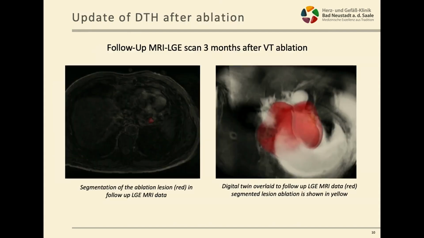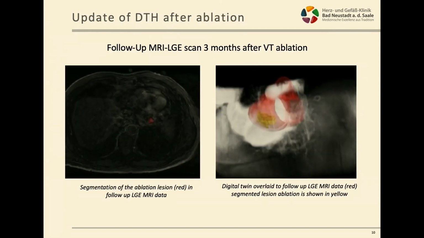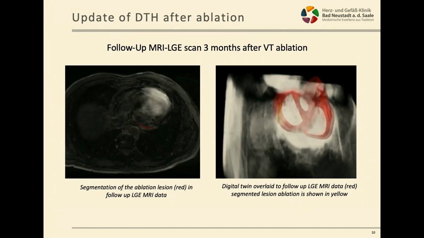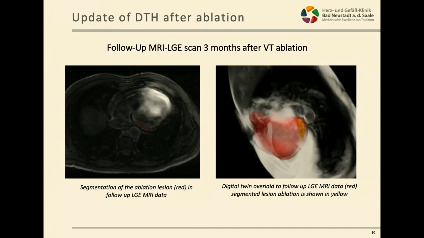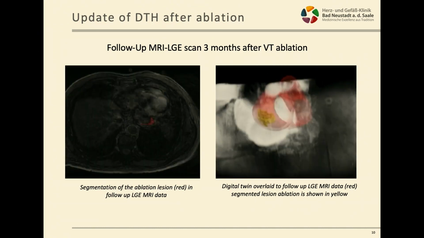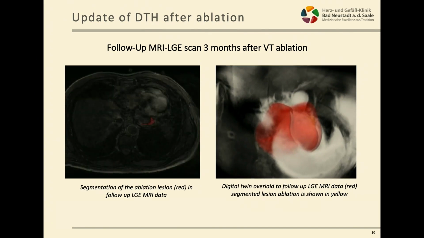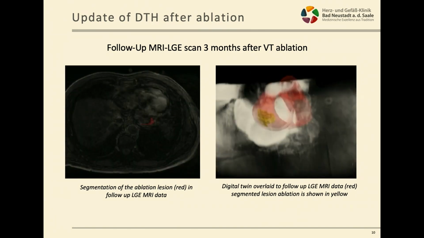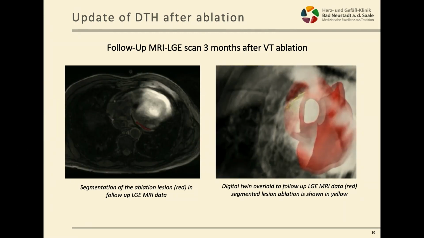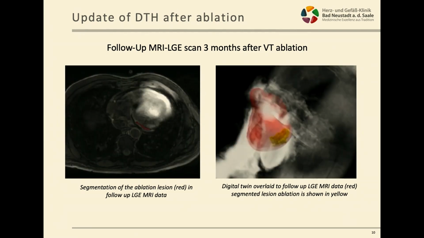So in this specific case, we also did a follow-up MRI 3 months after ablation. Again, this is the automated segmentation through the model. In red, you can now see our ablation lesions in here. And if you look over here, this is the overlay of the late gadolinium enhancement of the initial scar with, in yellow, the ablation lesions.